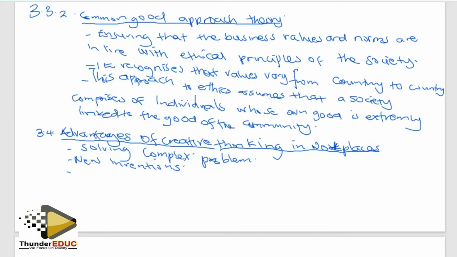So it can also give competitive advantage to the business over the competitors.